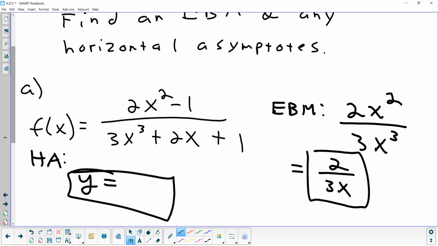You can think about it as x approaches infinity or negative infinity. The EBM approaches the same thing. Taylor? 0. It approaches 0. Can you explain why? Why is it approaching 0?